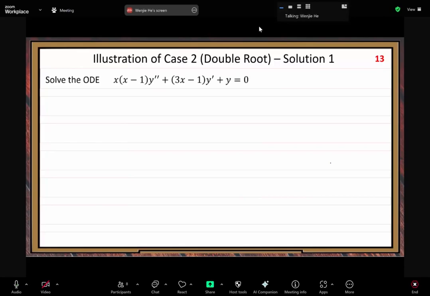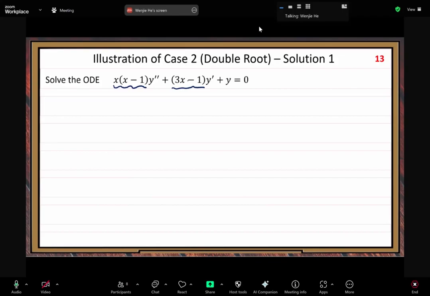Look at this ODE. You can see the coefficient for y double prime, y prime is a simple polynomial. All right. Then, in order to apply the Frobenius method, we need to change to the standard form, right? Because for the Frobenius method, there is a standard form to begin with.